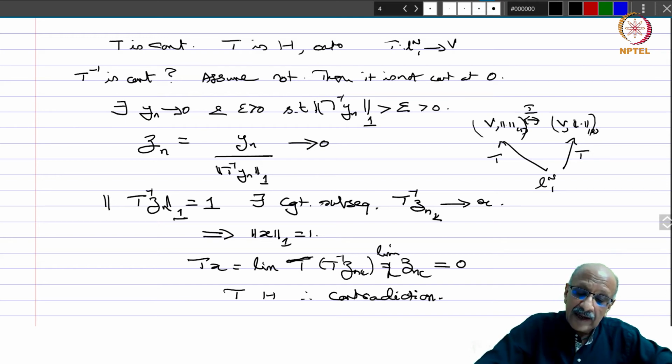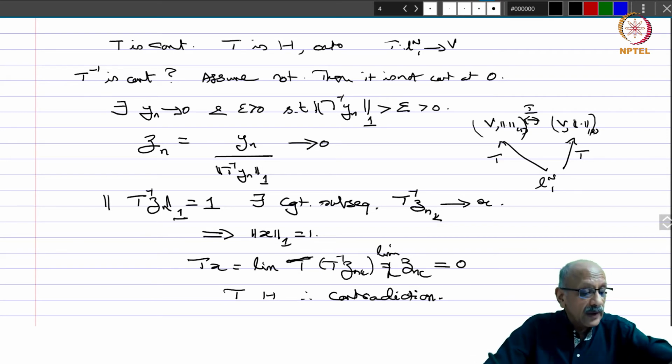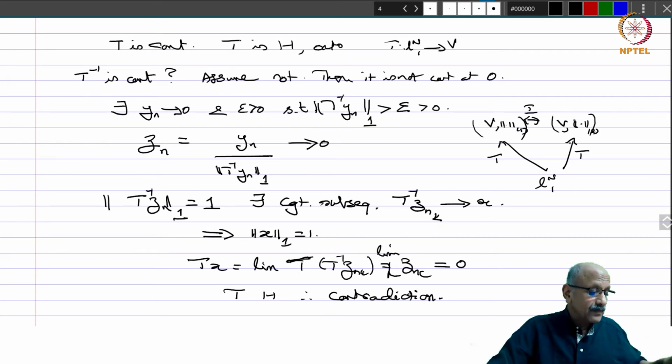So the identity is a composition of T inverse and T in these ways, and therefore you have that the identity map is an isomorphism in both ways, and consequently all the norms are equivalent.